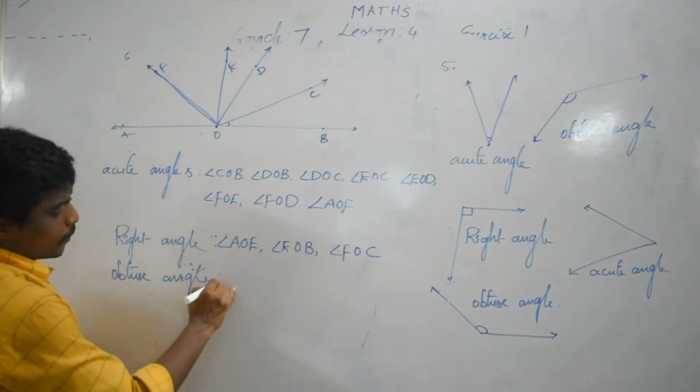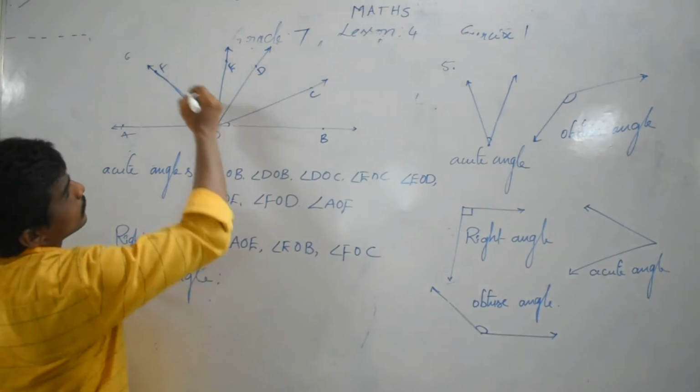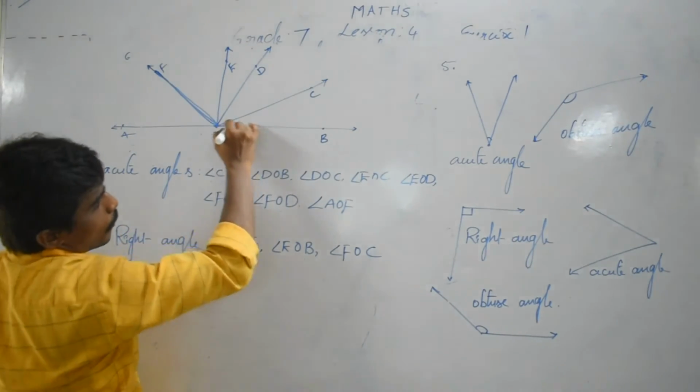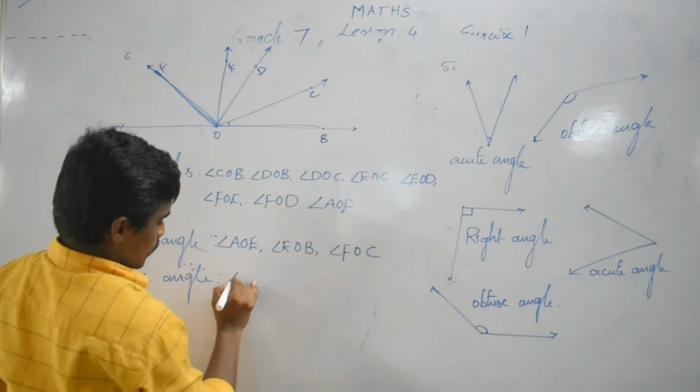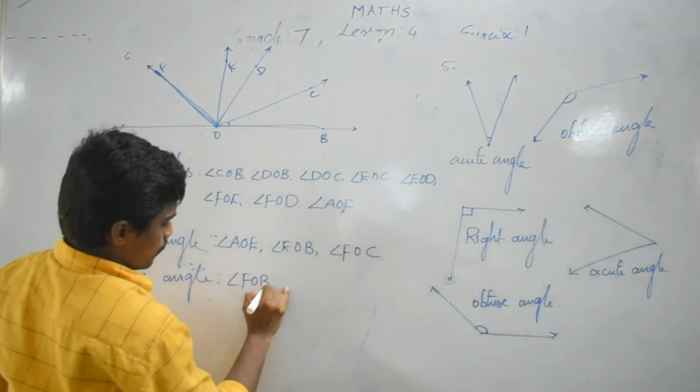Obtuse angles are above 90 degrees. Here, see, angle FOB.